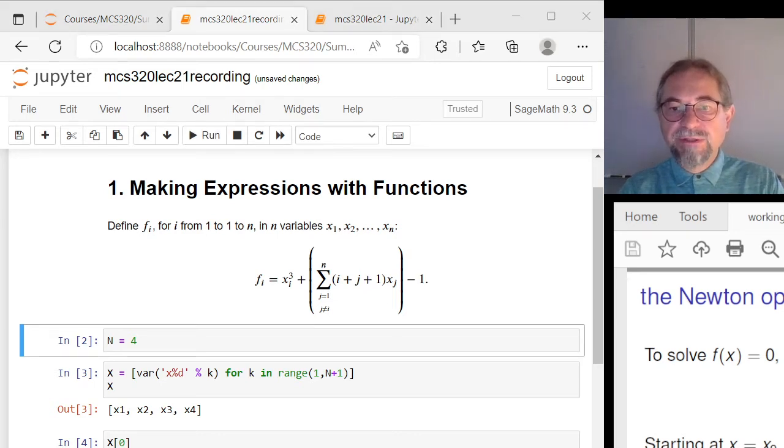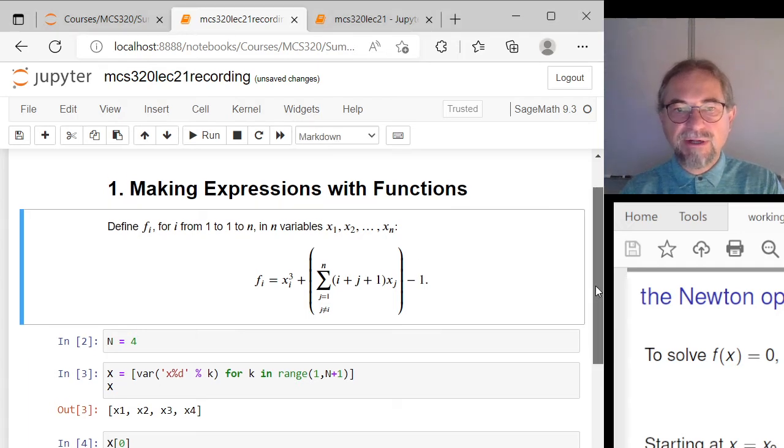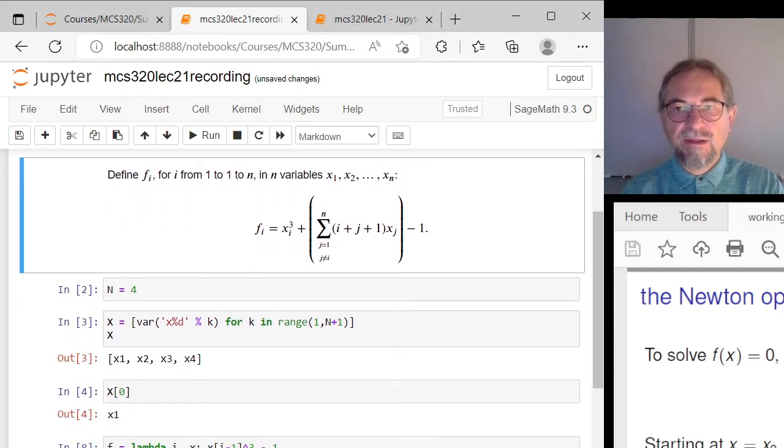Okay, quite convenient. I have the general expression here now correctly defined, and I also have the beginning of my f.